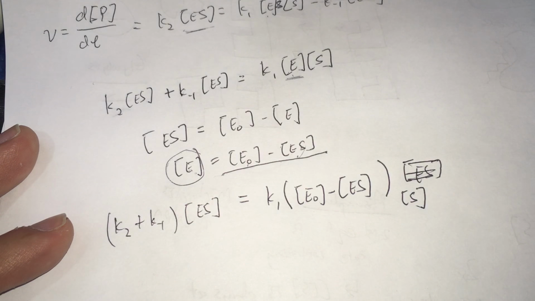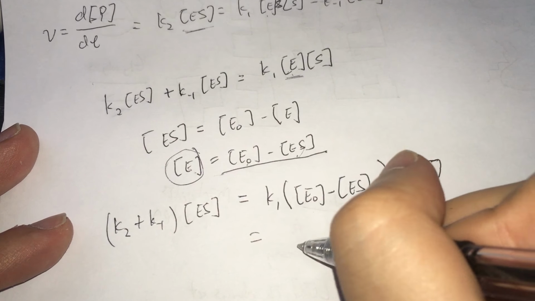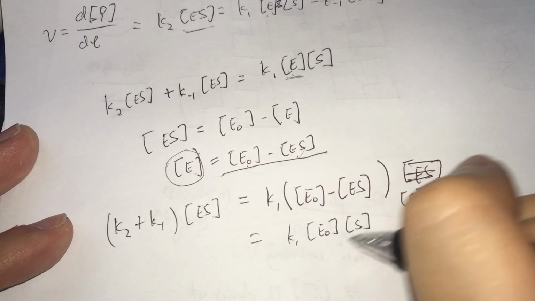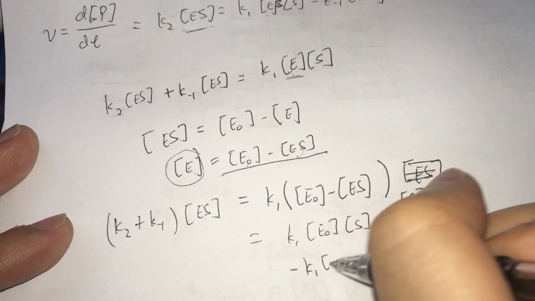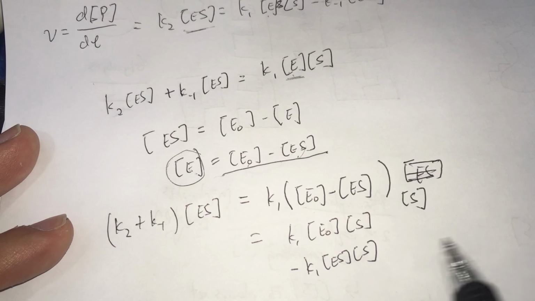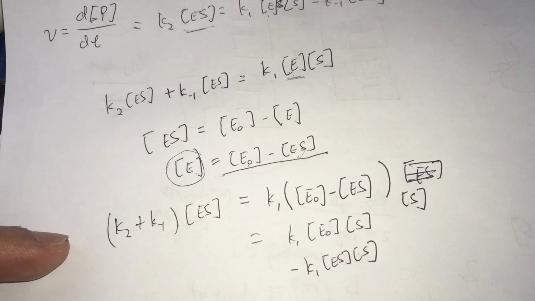Alright, so let's separate things out. K1 E naught times S, minus also K1 times ES into S, and of course let's bring this over here, so that we can combine all this ES into one term.